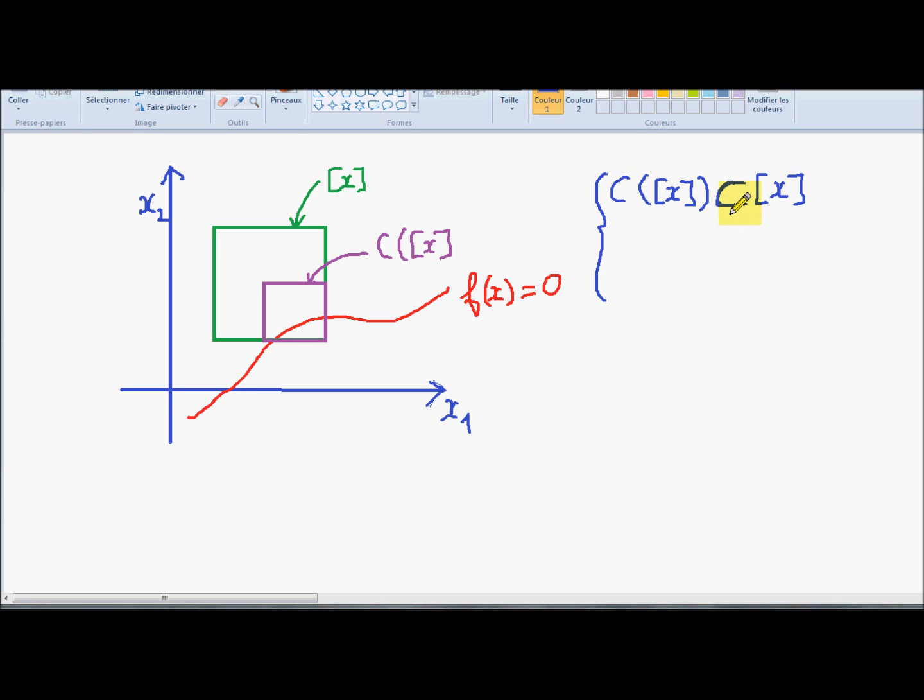The other property concerns S, the set corresponding to this equation. For instance, S is the set of all x such that f of x equals 0.